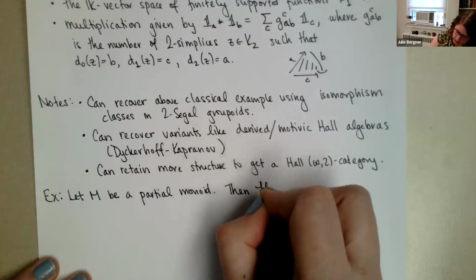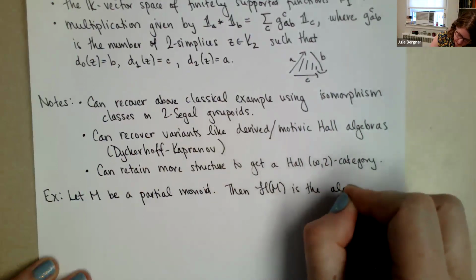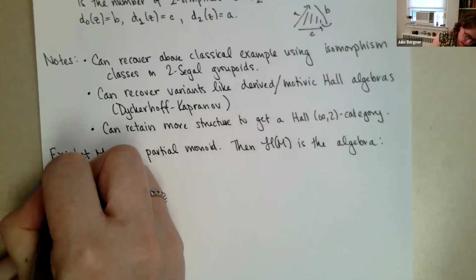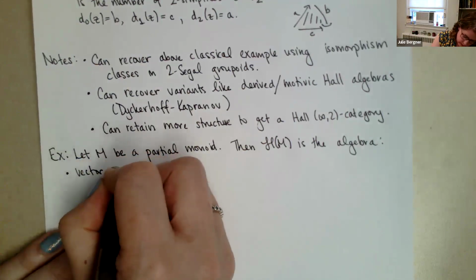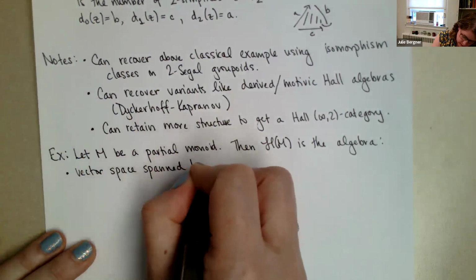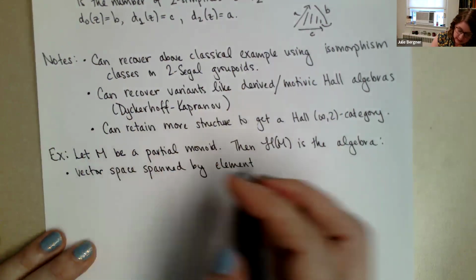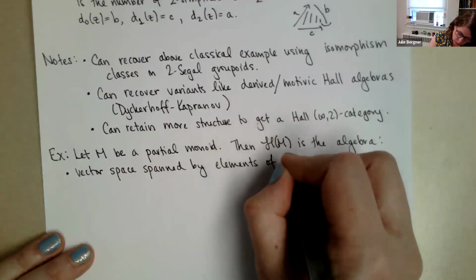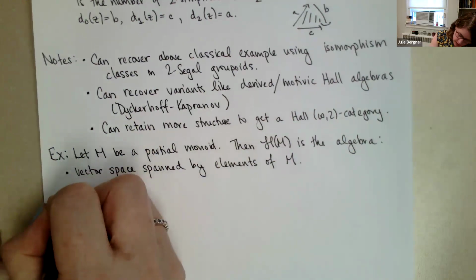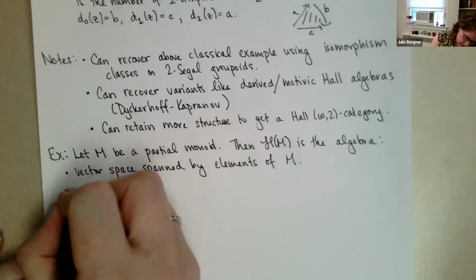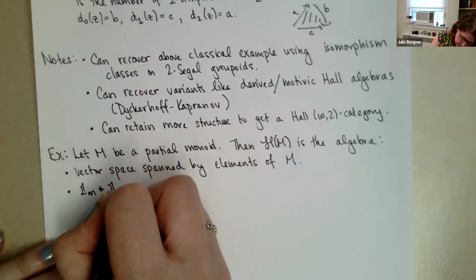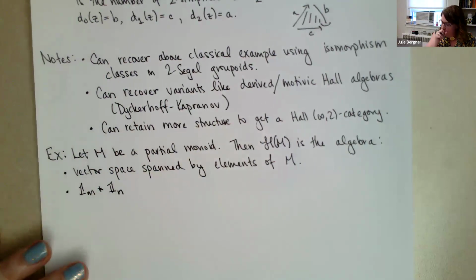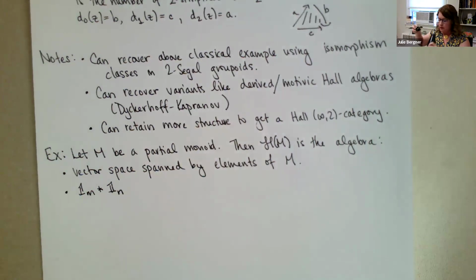If we take its Hall algebra, as a vector space, this is just spanned by the elements of M. Remember, if we thought of a partial monoid as a 2-Segal simplicial set, the one-simplices were just the elements of M. Now if we take a multiplication of two of these elements, say we have an M and an N in our partial monoid, these might be able to be multiplied or they might not.